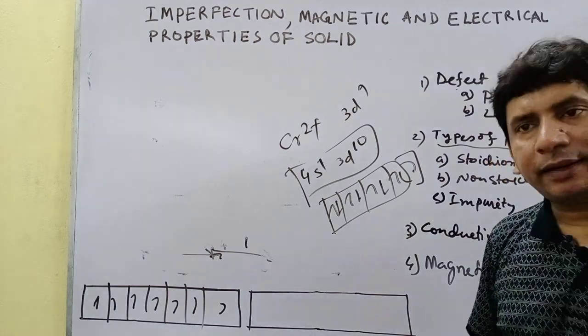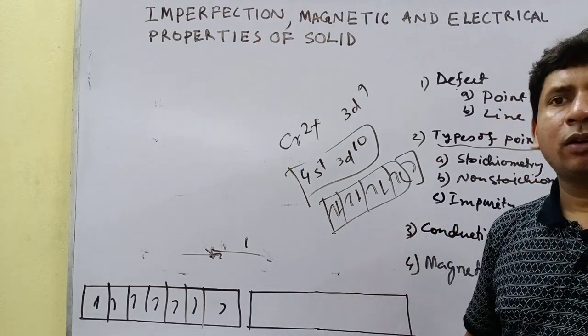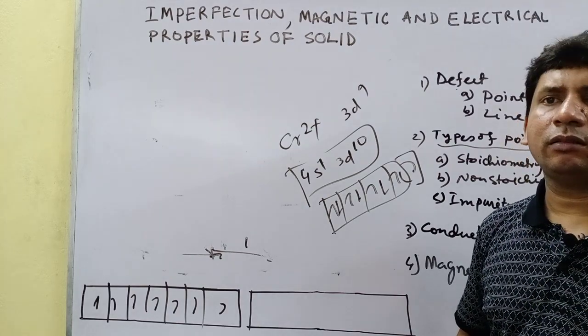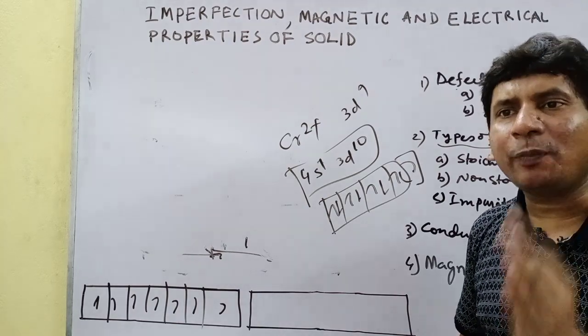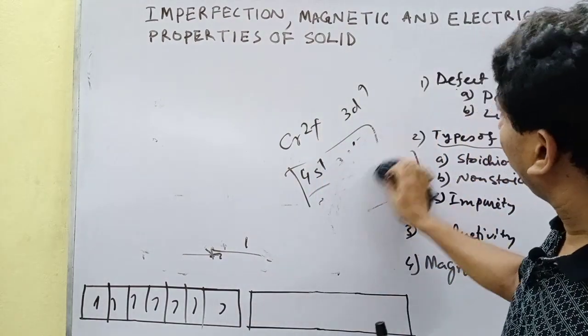Then what are diamagnetic substances? Diamagnetic substances contain paired electrons and are weakly repelled by a magnetic field.